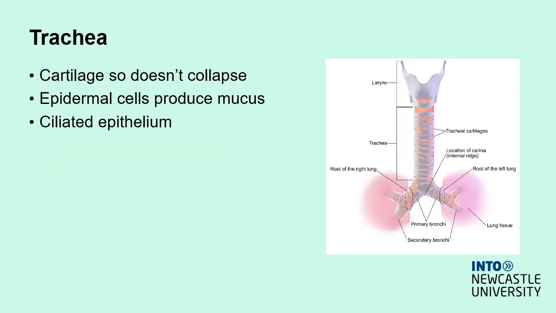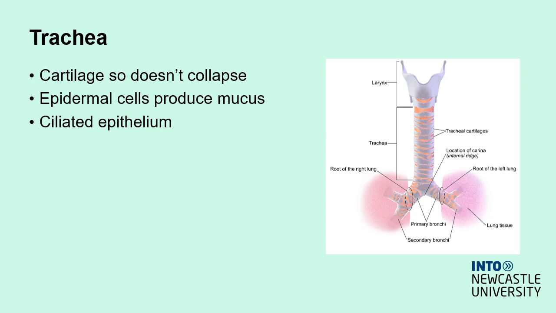The trachea connects to the larynx and will split down and start to move the air down into the lung structures. It's got lots of cartilage, so it doesn't collapse. We don't want the trachea to collapse. We need to keep our air pipe, our windpipe, open at all times for gas exchange.